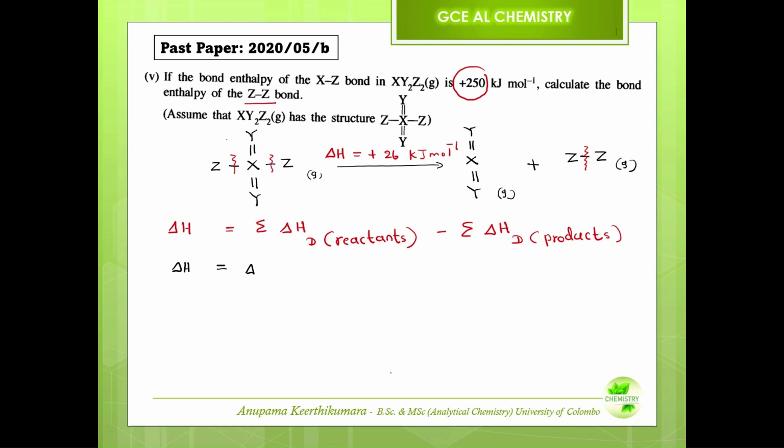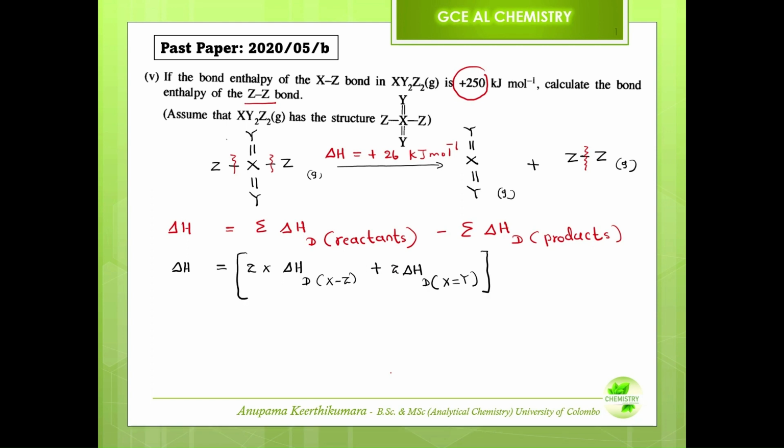We have two XZ single covalent bonds. We can write 2 XZ. And then we need to add the other two bonds. So this is bond dissociation of XY double covalent bond. Again, number 2 because two bonds are available.